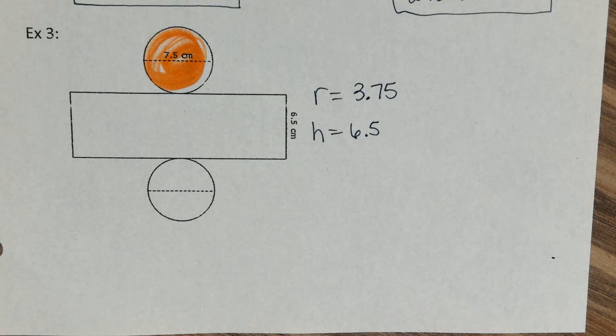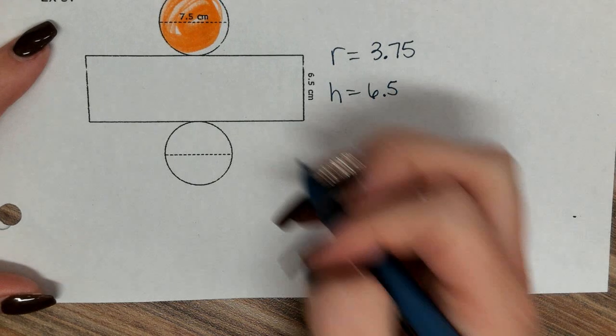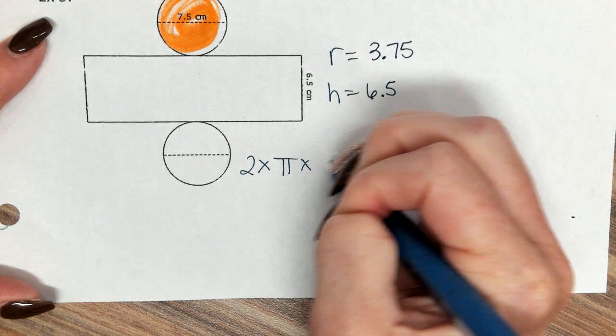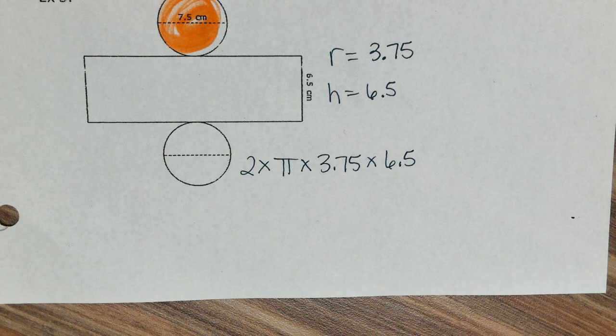Too big because you won't run out of room. Okay, you should have written 2 times pi times r times h. That's the first part. That's the lateral, yes?